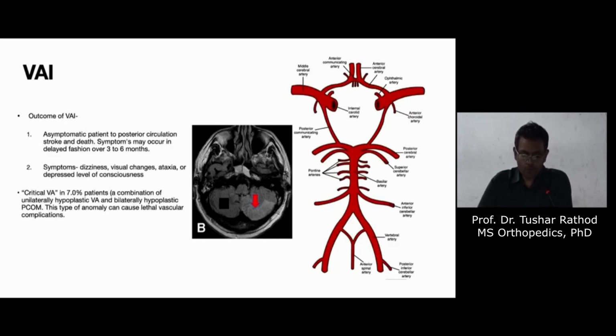So what is the outcome? Any person who is operating will first think, what will happen to my patient? The outcome is very variable. You may have a completely asymptomatic patient with no postoperative deterioration, or a patient who will have a posterior circulation stroke, including death. This depends entirely on the competency of the circle of Willis.